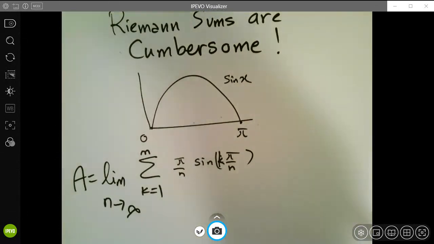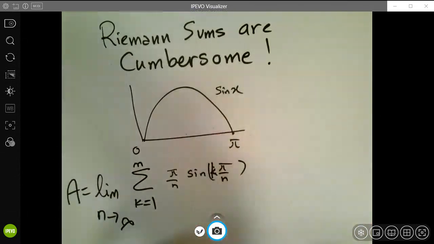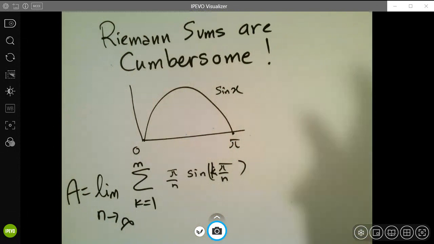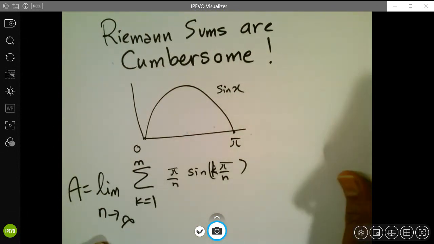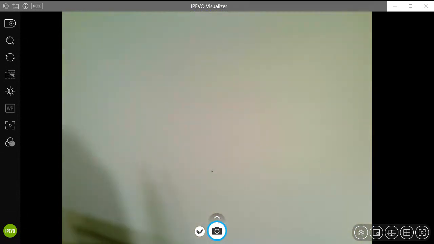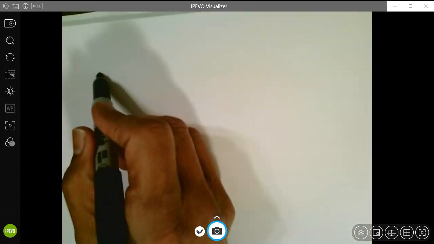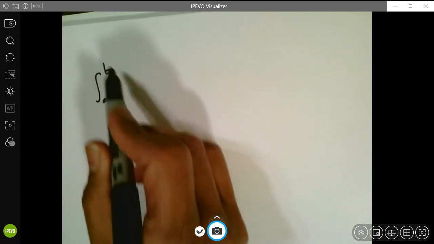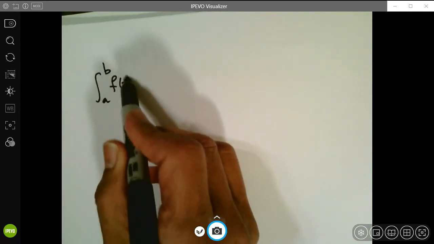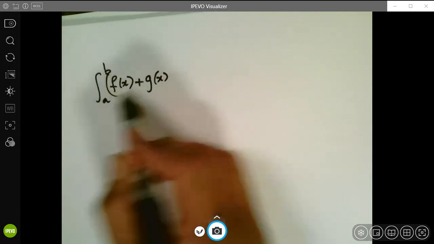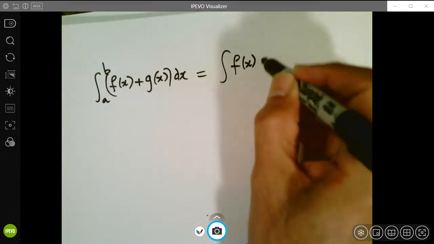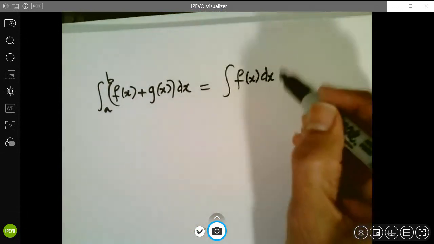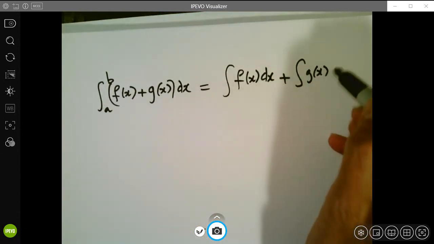Okay, but the Riemann sums are linear. We can still show very interesting properties of integrals, like linearity, and we can conclude still some properties. The integral of f of x plus g of x is the same as the integral of f of x dx plus the integral of g of x dx.